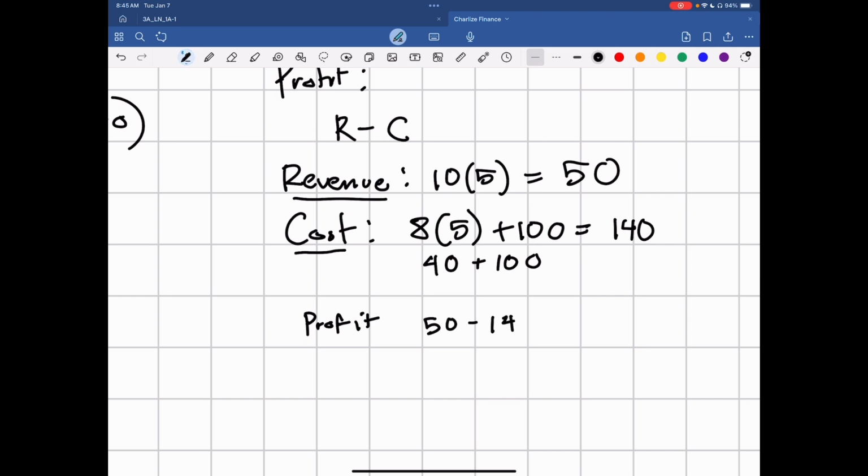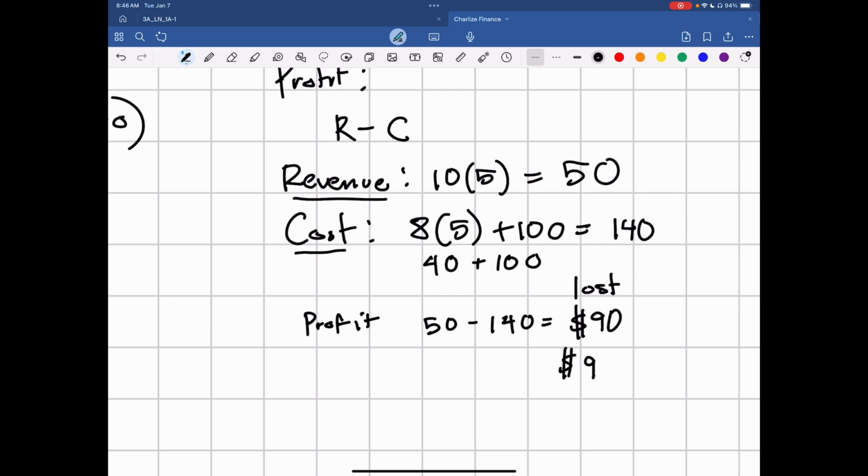This is an example of losing money because your profit is you lost $90, it would be negative $90. You can say loss dollars, or you can do negative 90.